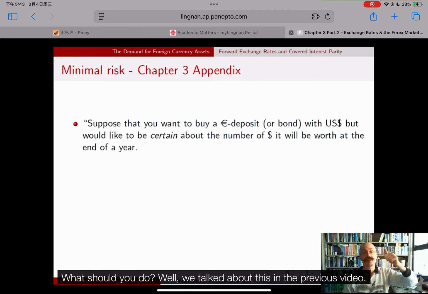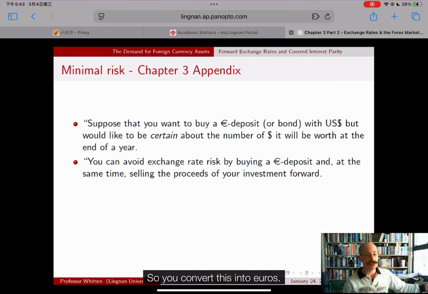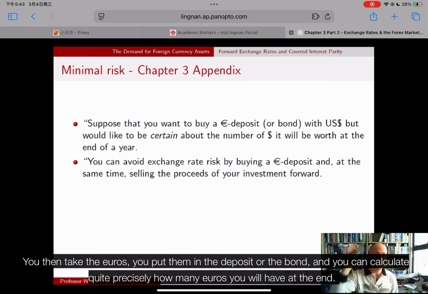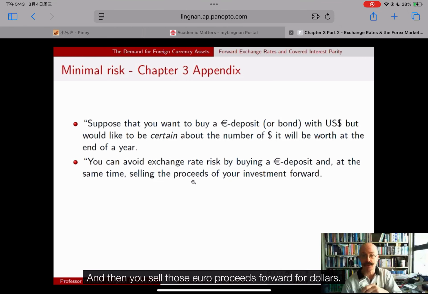Well, we talked about this in the previous video. You can avoid risk if, let's say, US dollar is your home currency, by buying a euro deposit. So you convert dollars into euros. You then take the euros, you put them in the deposit or the bond, and you can calculate quite precisely how many euros you will have at the end, and then you sell those euro proceeds forward for dollars.